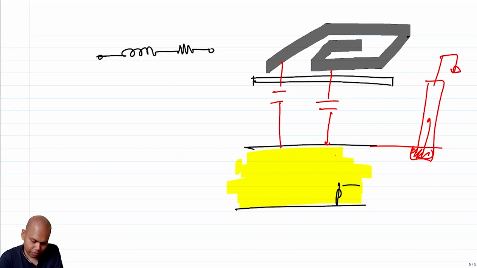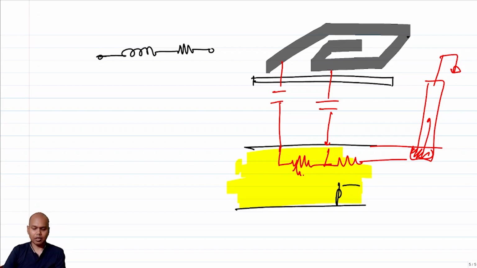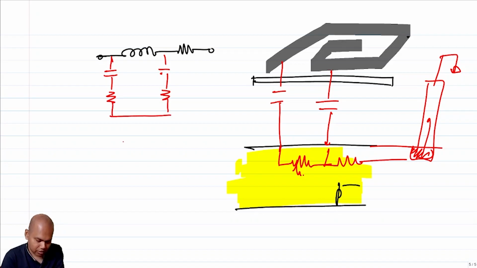So which essentially means that you have resistances associated with this, and it goes to ground, right? So what's the problem that you are seeing? Not only do you have this model, you have a resistance, capacitance, resistance, effectively to ground, correct?